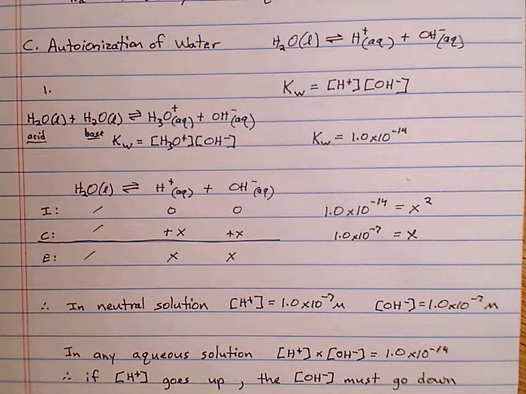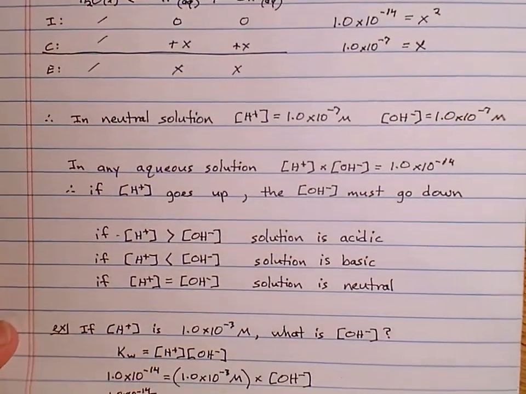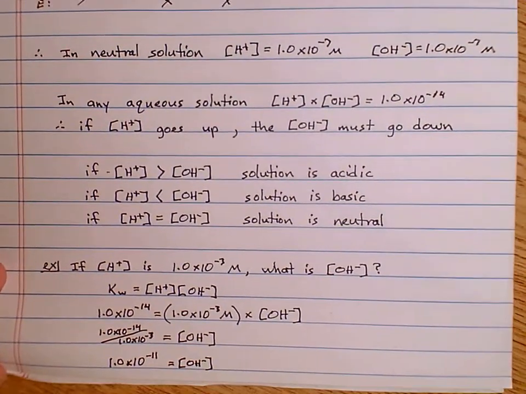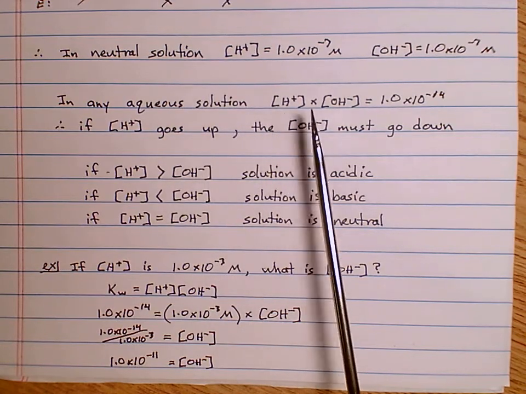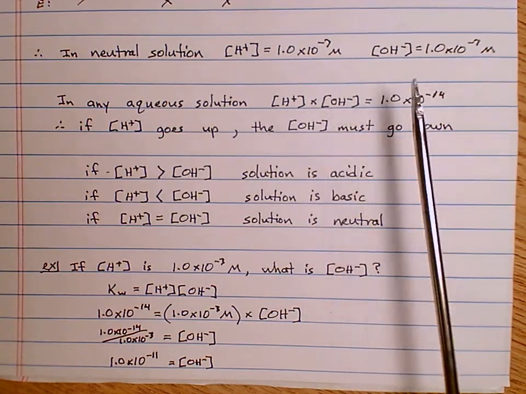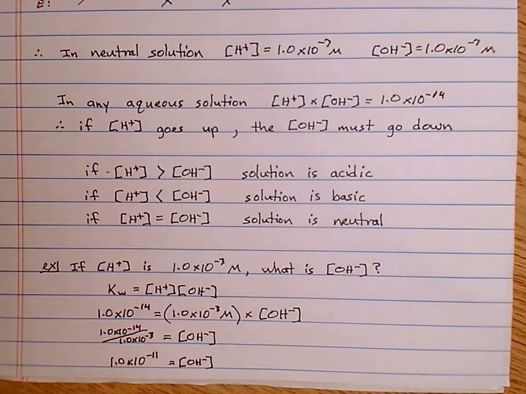It turns out in any aqueous solution, any solution where the solvent is water, this holds: the concentration of H+ times the concentration of OH- equals 1.0 times 10 to the minus 14th, our value for Kw. This Kw holds up in any aqueous solution.